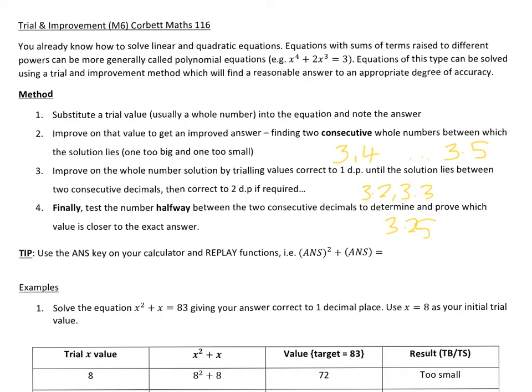That will form the equation in terms of ANS. Then all we need to do is press the equals button, and it will substitute your value of 3 in. We can then change to new values, so you can press 3.1 equals, and then push the up key on your calculator, pressing equals again, and that will substitute your 3.1 into the equation. So that's just a quicker way of doing that.